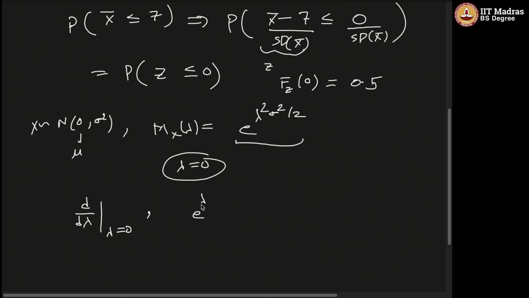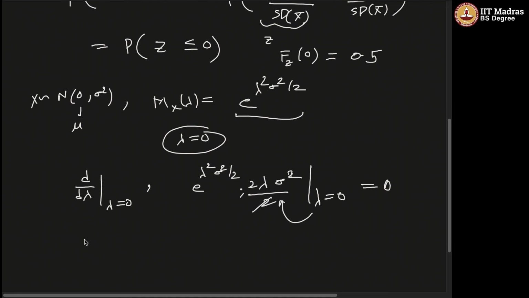When we differentiate it, it will be e power lambda square sigma square by 2 into 2 times lambda sigma square by 2. And this will be cancelled out. And when you put lambda equals to 0, because this lambda is here, everything will become 0. So you can differentiate this expression 6 times and you will get the sixth moment. By doing that, you will be able to get the answer for the sixth question.